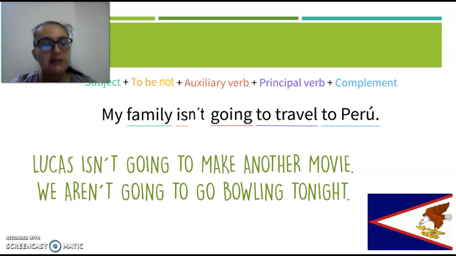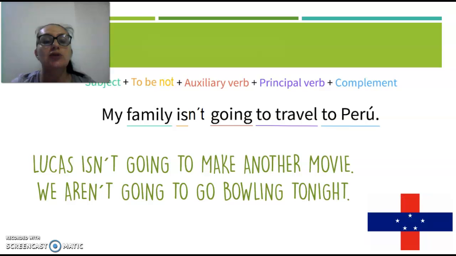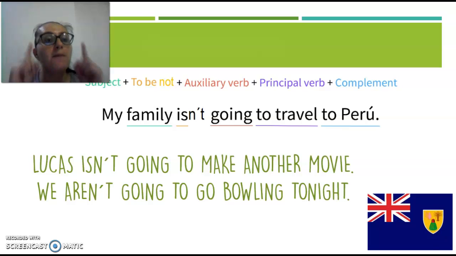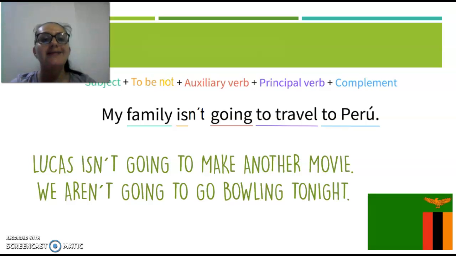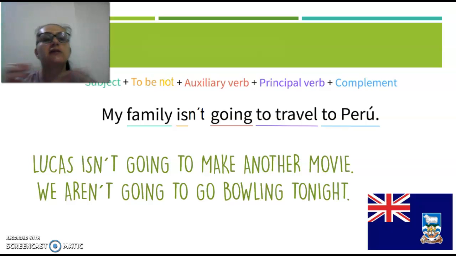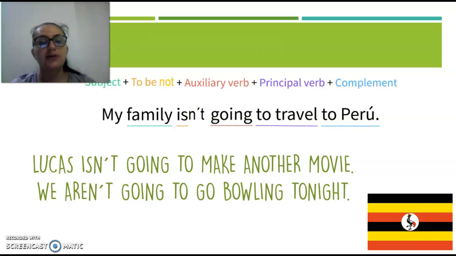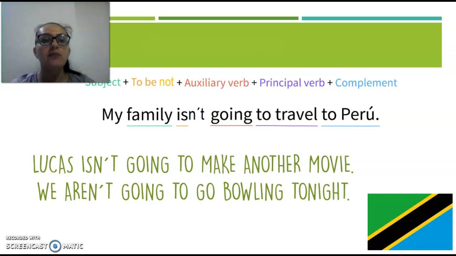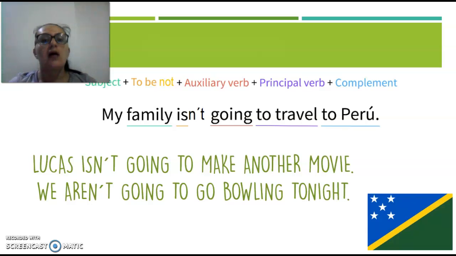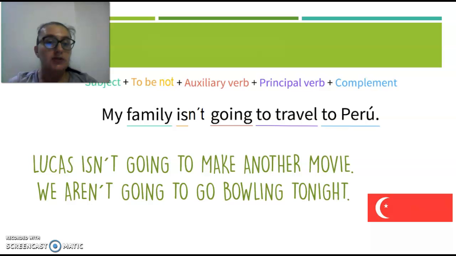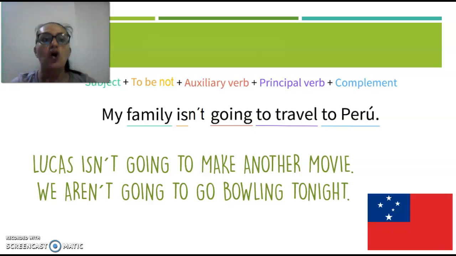The first, subject. Then you need to use again the to be, but in negative, with the particle not. Is not or isn't, are not or aren't, I'm not. Then you need the auxiliary verb in a future, in this case, going to.